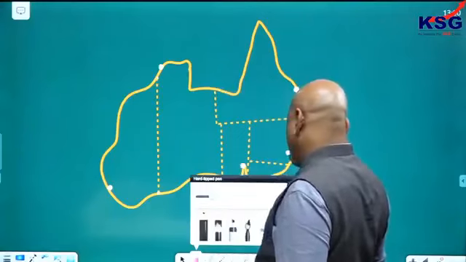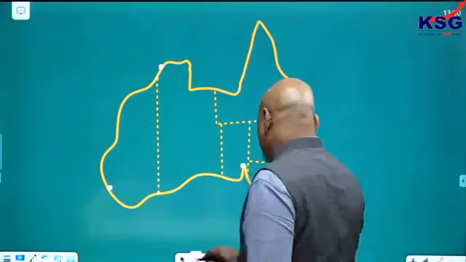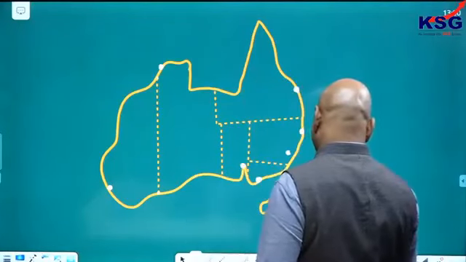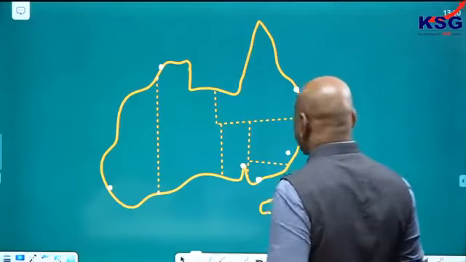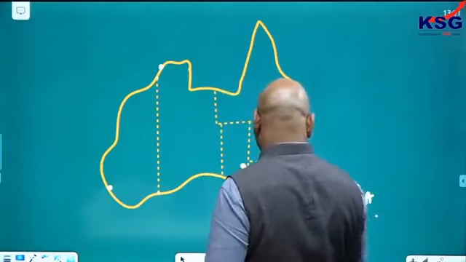The Tropic of Capricorn passes through it. This is the region known as Tasmania. Here is the island of Tasmania. Here is the region known as the Bass Strait, you know it.